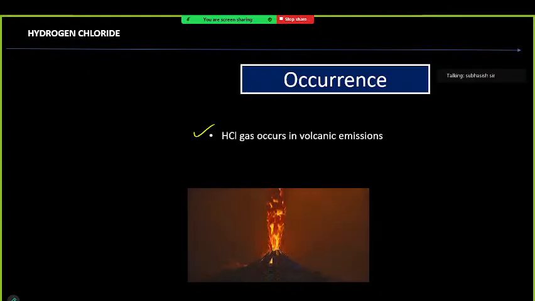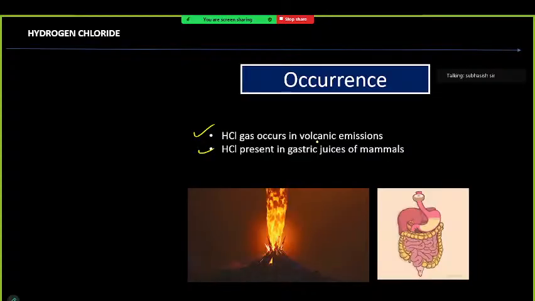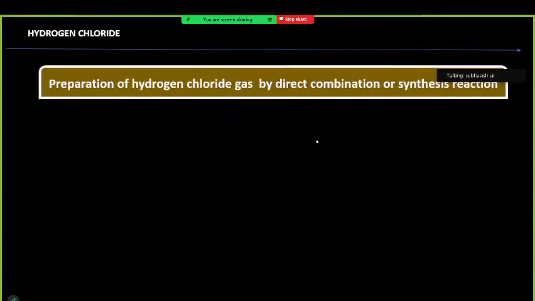This is a naturally occurring process. Also, in our stomach, gastric juices produce some amount of hydrochloric acid. That hydrochloric acid is used to digest the food particles that we take. So hydrogen chloride is naturally present in volcanic eruptions and also in gastric juice.